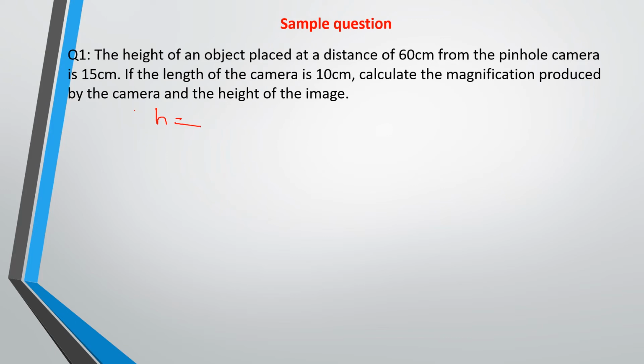The object height is given to me to be 15 centimeters. Then the object distance, I give it as u, is given to me to be 60 centimeters.